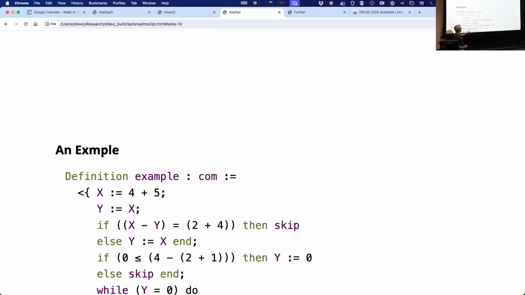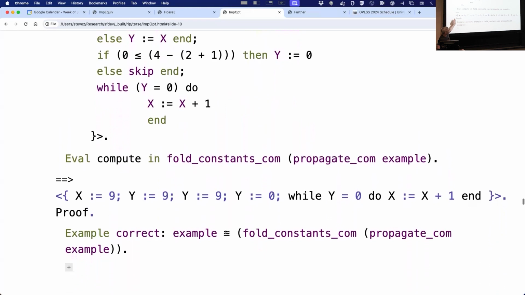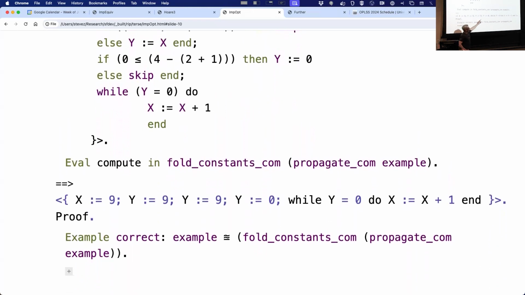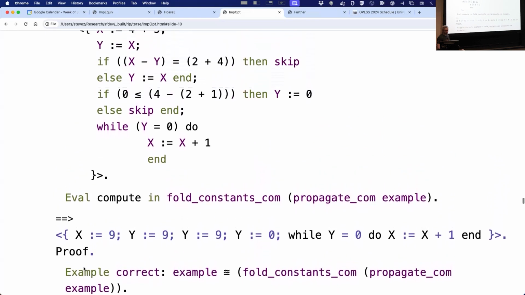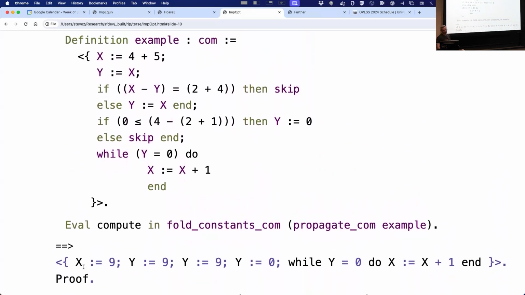So we'll get y gets 9 again, and in any event, this is a sound substitution, and it did a bunch of inlining and simplification. And we can prove that this is correct using that lemma. So it's not too difficult. This is how you prove some compiler optimization correct in this style.